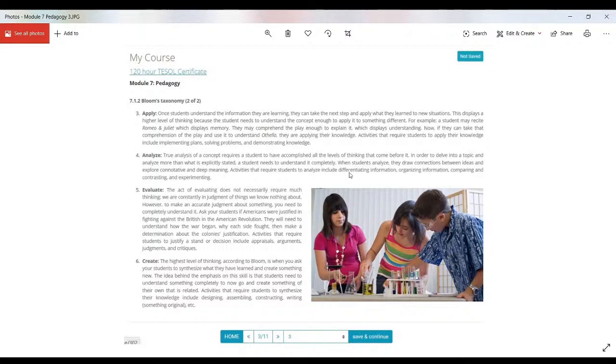When students analyze, they draw connections between ideas and explore connotative and deep meaning. Activities that require students to analyze include differentiating information, organizing information, comparing and contrasting, and experimenting.